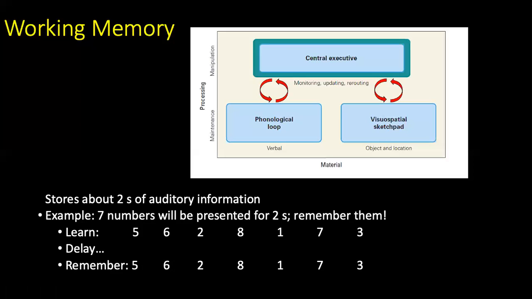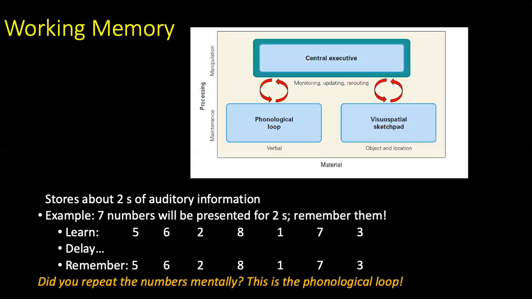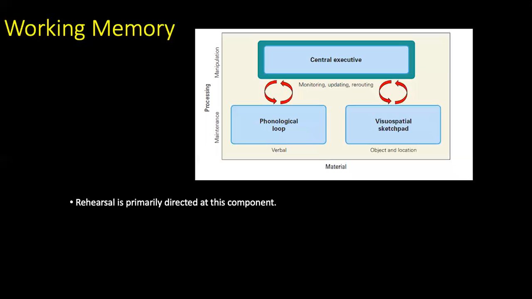The most common way that people try and remember that is to repeat the numbers in their head. And that's the phonological loop. When you rehearse information verbally in your mind to maintain it, that's the phonological loop buffer that's helping keep that in your conscious awareness.